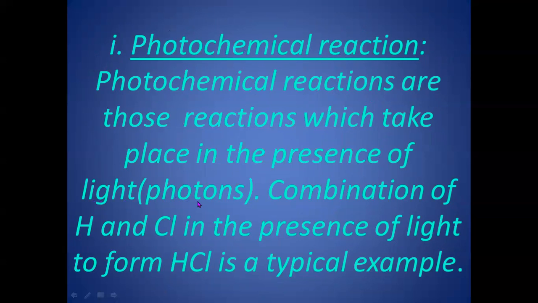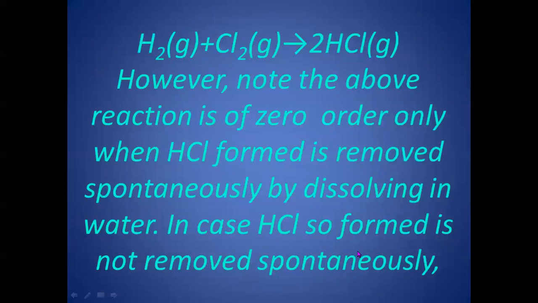The molecules of reactant will absorb light in the form of photons and will be converted into product. For example, a reaction in which hydrogen and chlorine combine in presence of light to form HCl: H2 plus Cl2 gives 2HCl. This is an example of photochemical reaction.